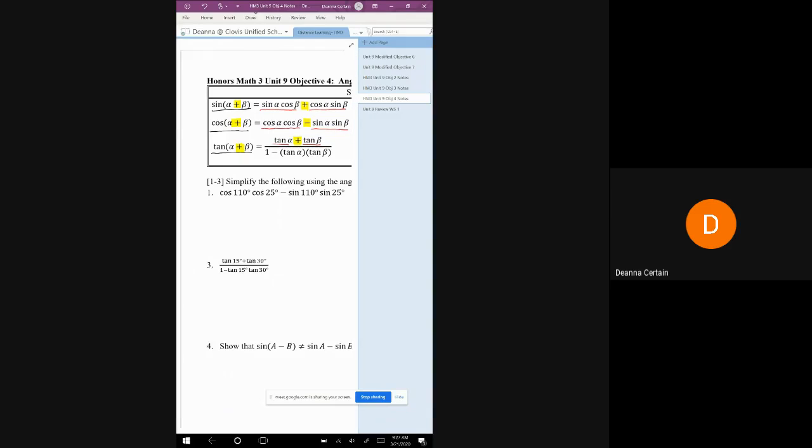On bottom, then you have 1 minus, so a different sign down on the bottom. Let me go ahead and highlight that. Different sign down on the bottom. And it would be 1 minus the 2 angles, alpha and beta, their tangents being multiplied together.